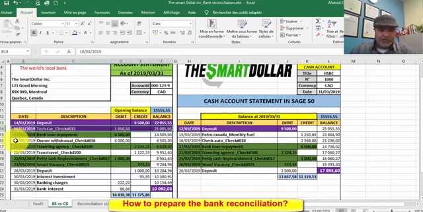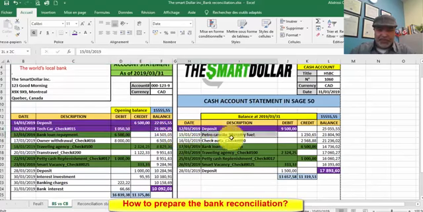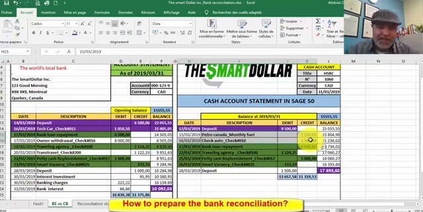This one, for example, we didn't find this. We gave 2 checks to 2 suppliers, but the 2 checks given to our suppliers were not presented to our bank.